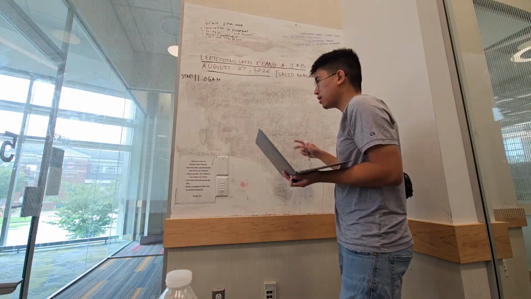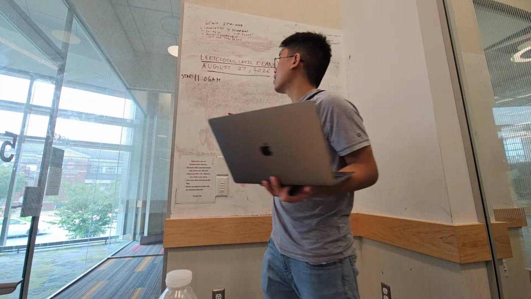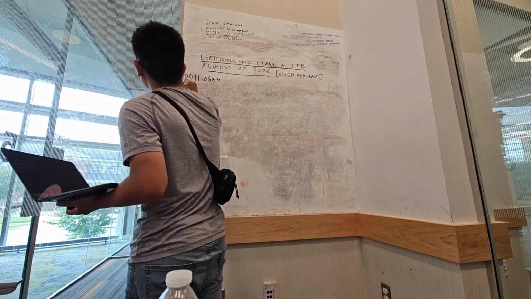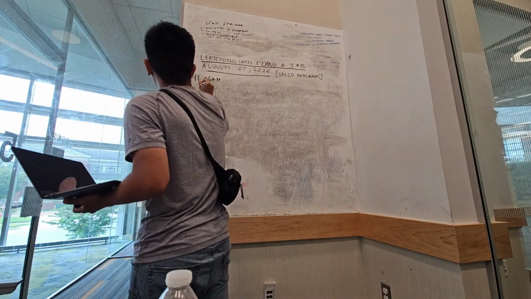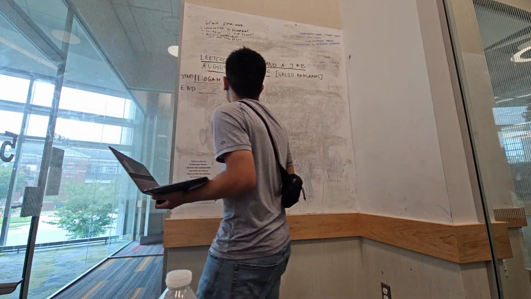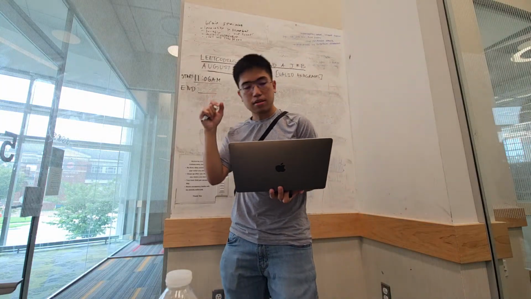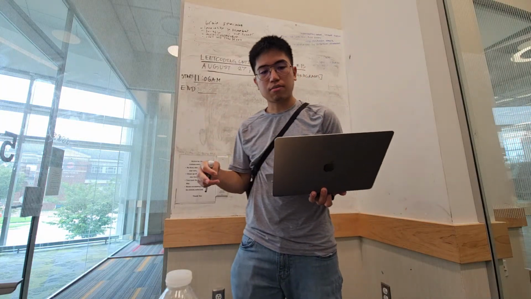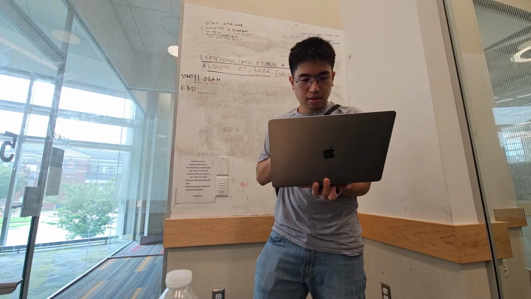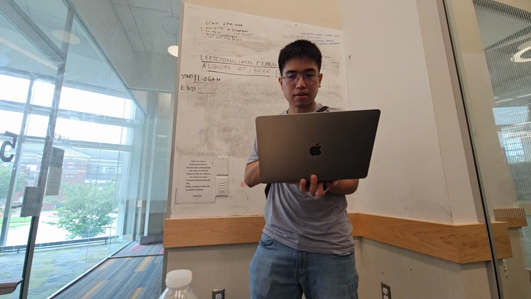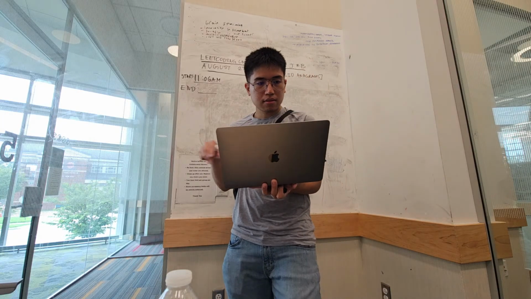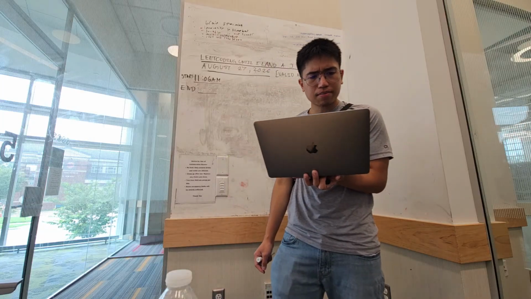So let's not focus on the code right now, right? What we want to do is try to solve the problem, just type it out, you know what I mean? Okay.